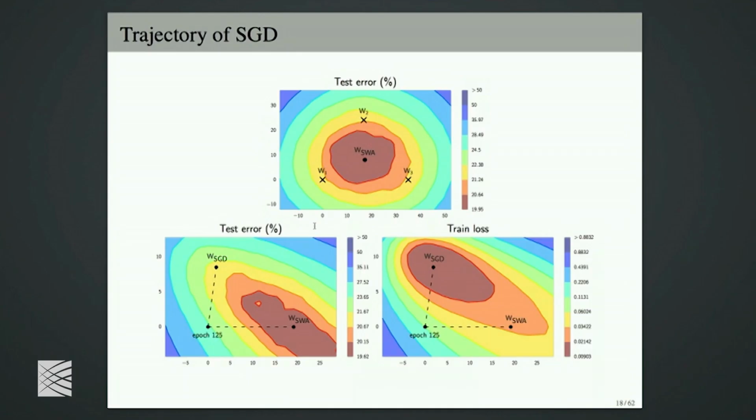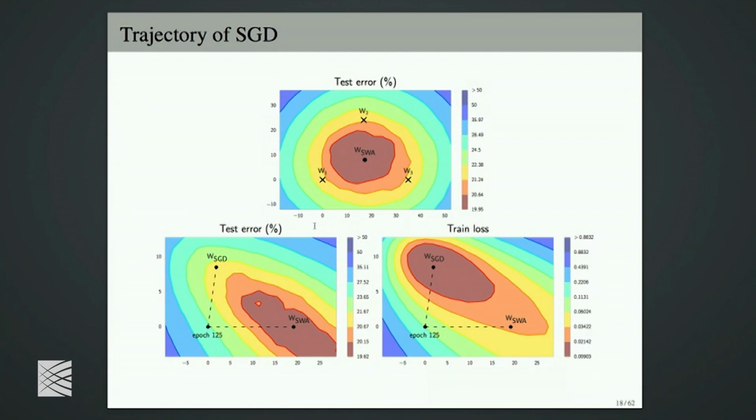Yep. Okay. So we wanted to understand why taking this equal average of parameters was giving us better generalization. So we train as usual up to epoch 125 with SGD and a regular learning rate schedule. This is ResNet 164 on CIFAR 100, and then we keep training to convergence.